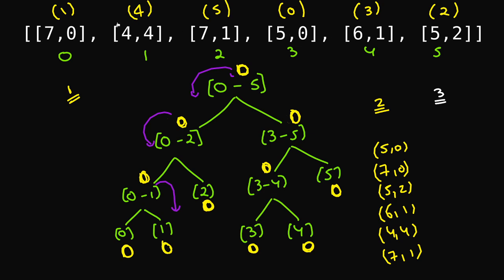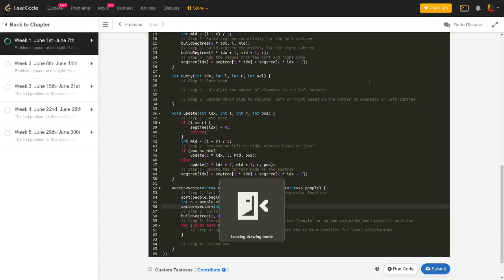And we'll be taking each of these entries and we'll be calculating the position at which each of these entries should go, which is this second value plus 1. Okay, because for this 4 comma 4, this 4 comma 4 should go to the fifth position, like the position corresponding to the fifth one in the segment tree. This 5 comma 0 should go to a position corresponding to the first one, of course, after I've inserted this 5 comma 2. So that's what I'm going to do.